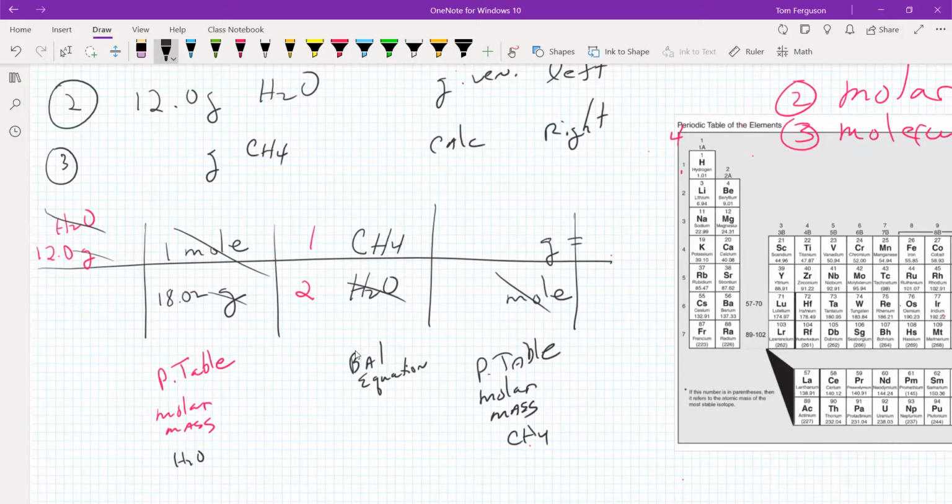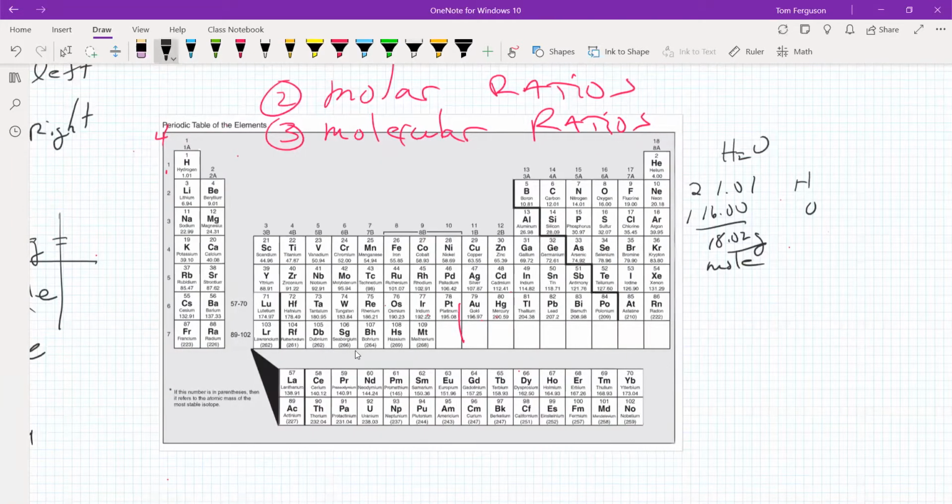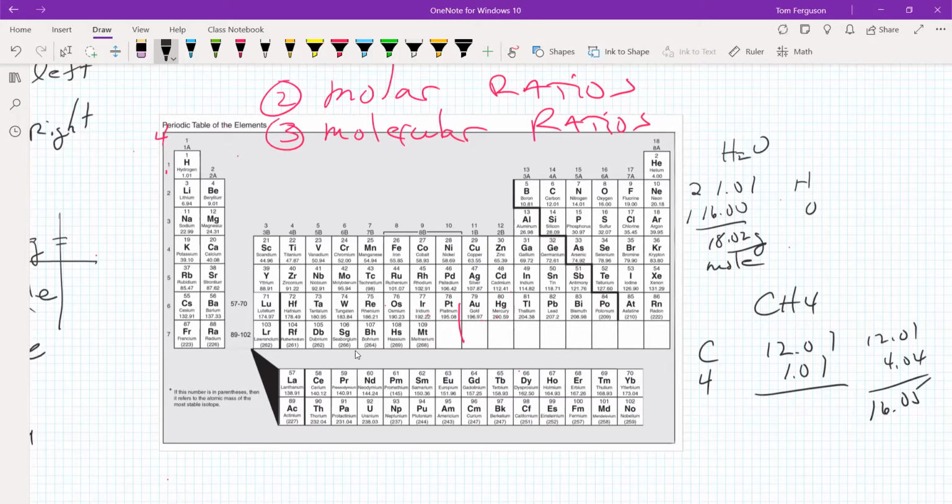So what is the molar mass of methane? Well, carbon is 12.01 and hydrogen is 1.01. So this ends up being 4.04 plus 12.01, which gives us 16.05 grams per mole.